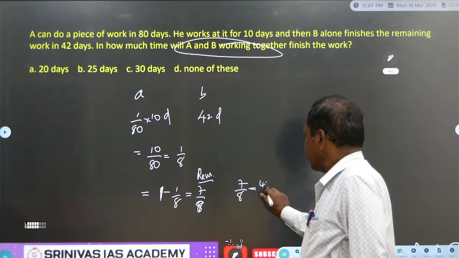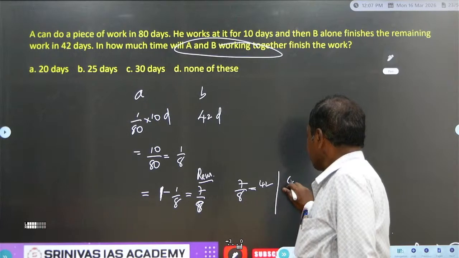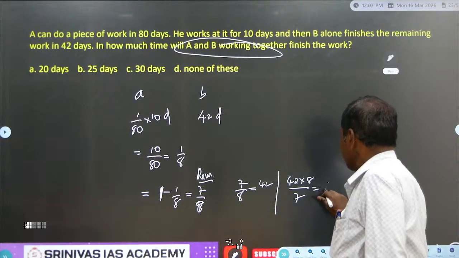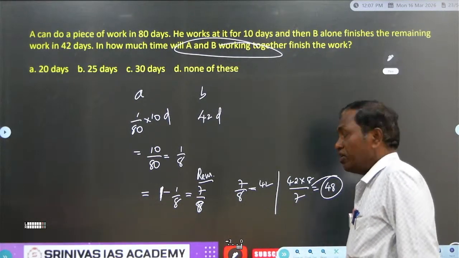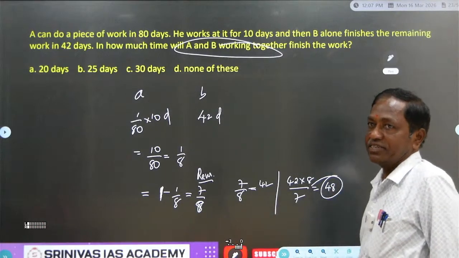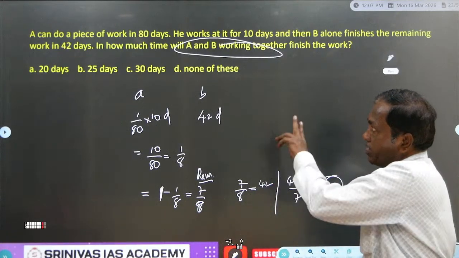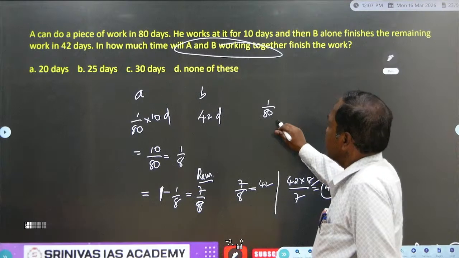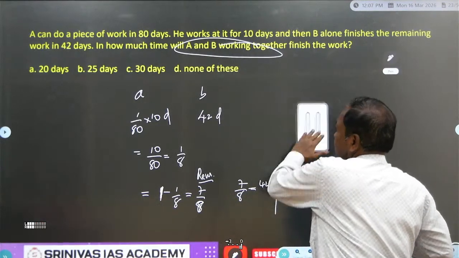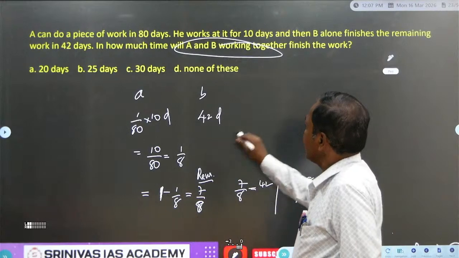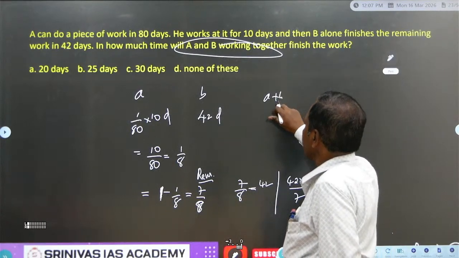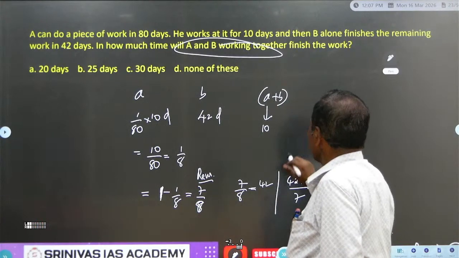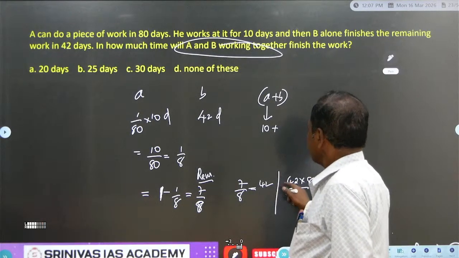So 42 into 8/7 gives 48. The 1 day work of B is 1/48. A works for 10 days and the remaining work is done by B in 42 days.